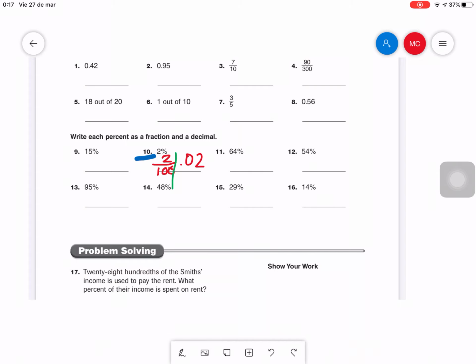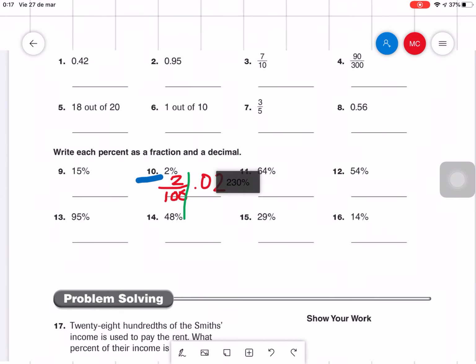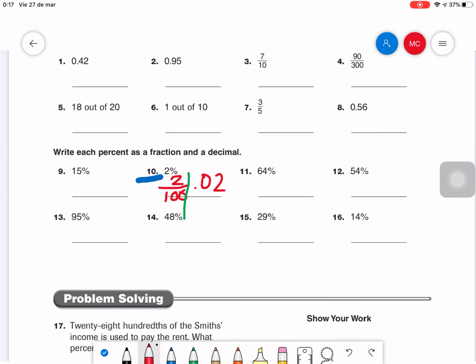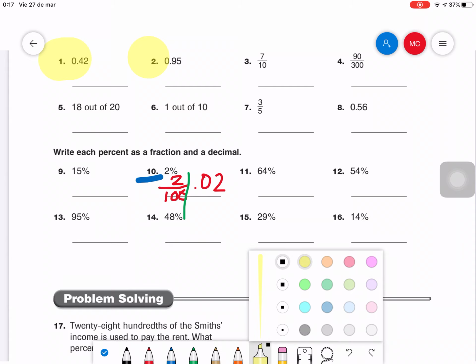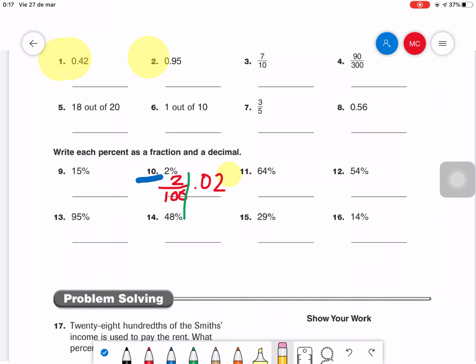Now, what I want you to pay more attention to is exercise number 1. It says convert into a percent. You won't have a hard time working with those, because you know how to change 0.42 into a percent.